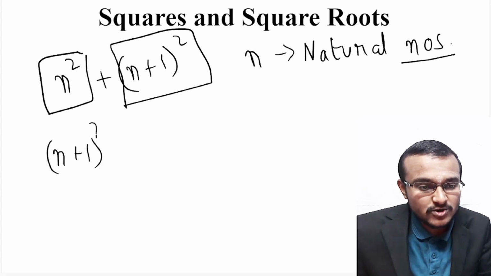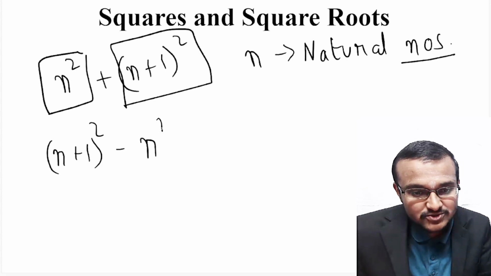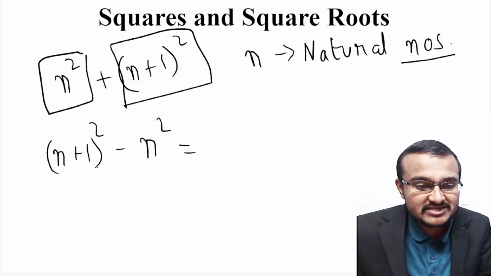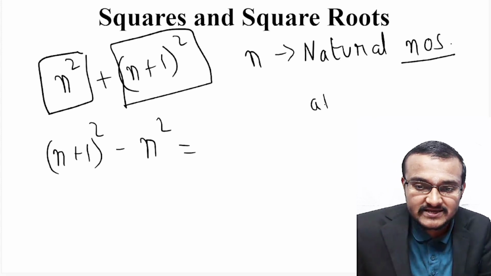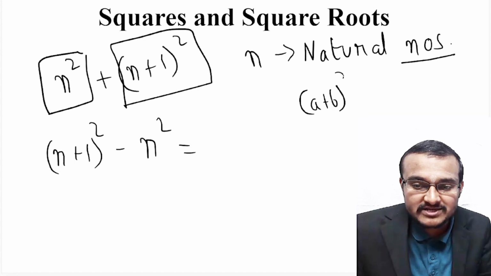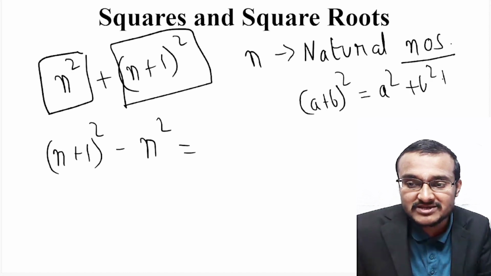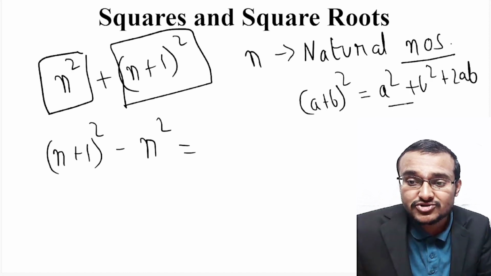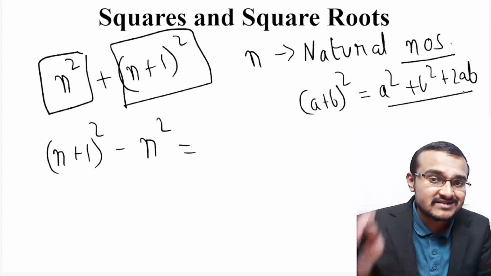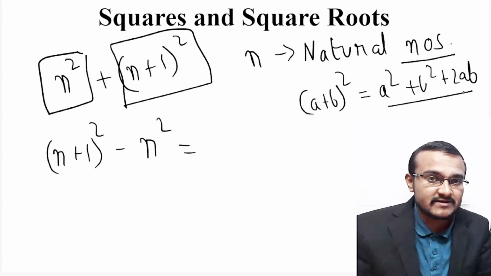So n plus 1 whole square minus n square is what you should do. n plus 1 whole square is in the form of a plus b whole square. So a plus b whole square is equal to a square plus b square plus 2ab. So this formula can be applied here.